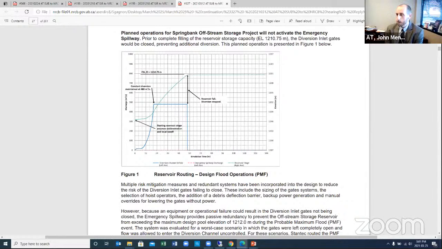I would say, Mr. Secord, that a rapid dewatering of an embankment in and of itself could cause a dam safety issue alone. So I'm not certain of the scenario to which you're referring.